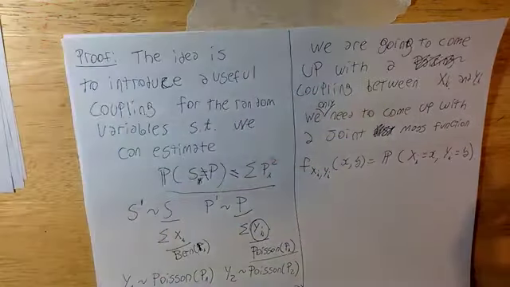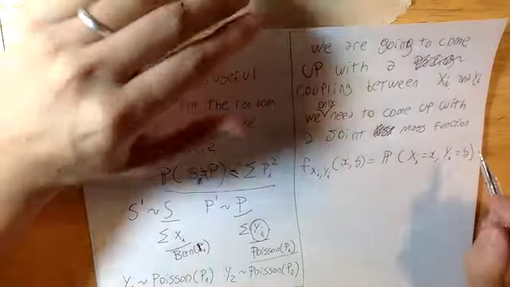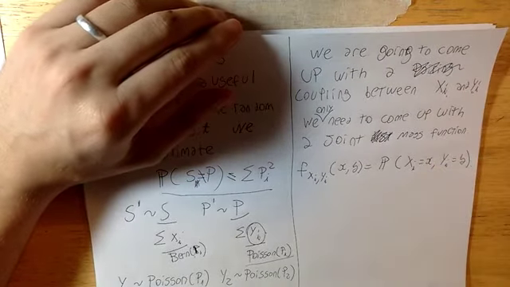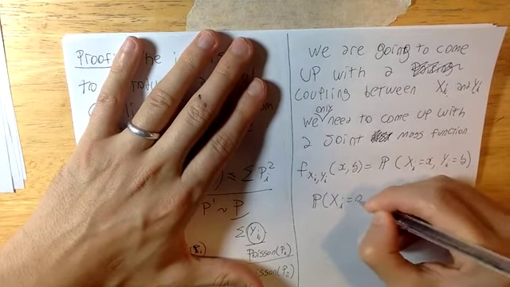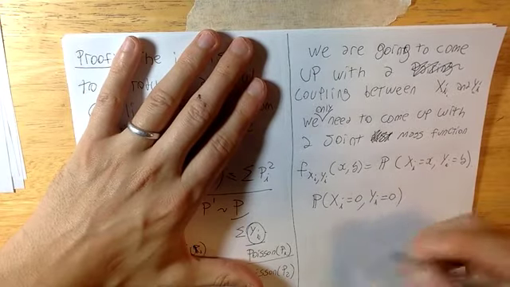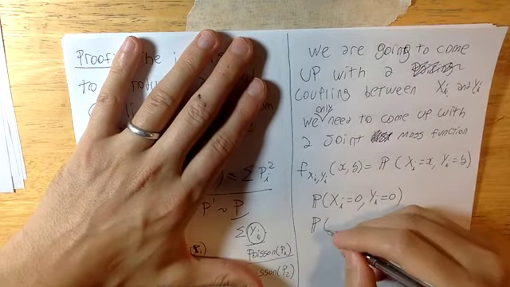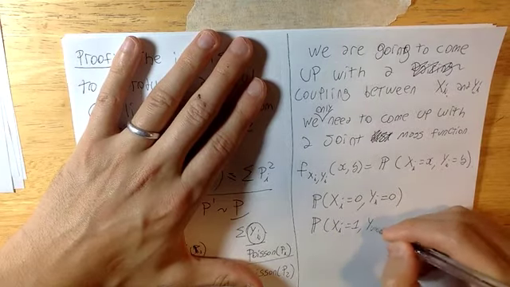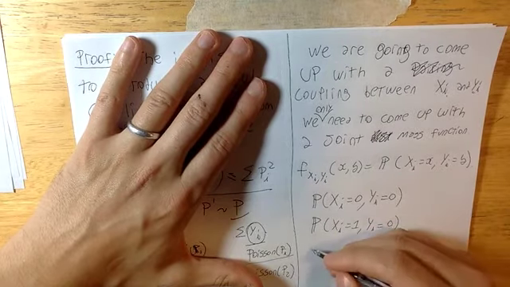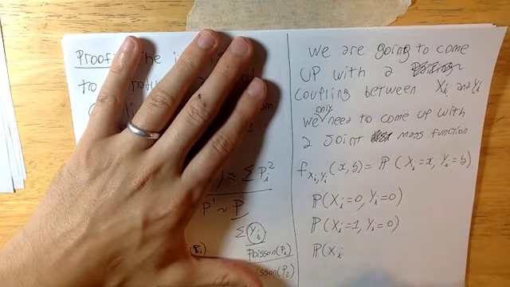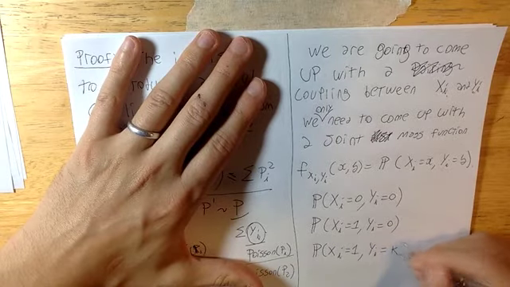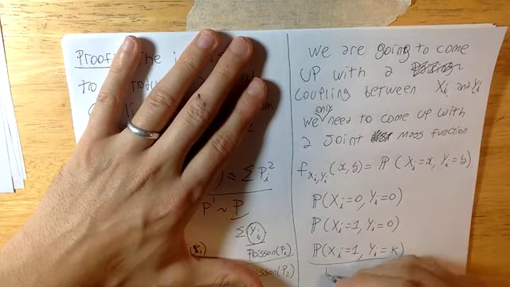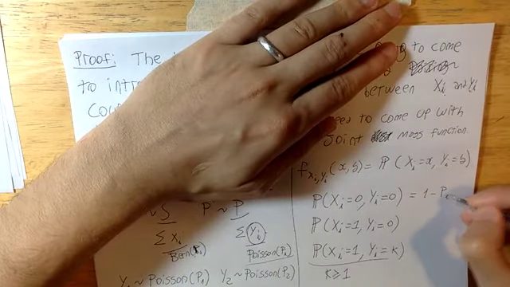Okay, but now these are discrete random variables, so the only thing that we care about is the values for a discrete set. So we care about the probability that x_i is equal to 0 and y_i is equal to 0, the probability that x_i is equal to 1 and y_i is equal to 0, and then the probability that x_i is equal to 1 and y_i is equal to k, and this is for k bigger or equal than 1. Okay, so here we're going to put 1 minus p_i.